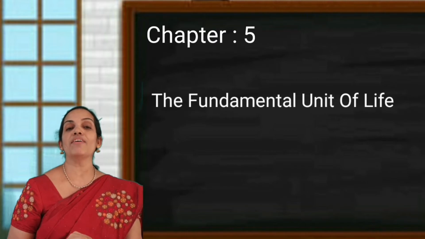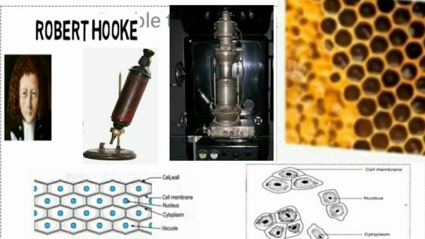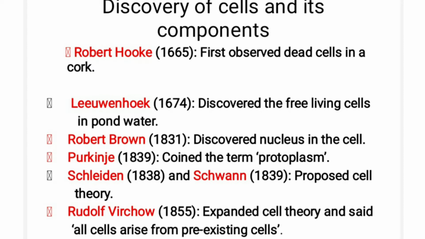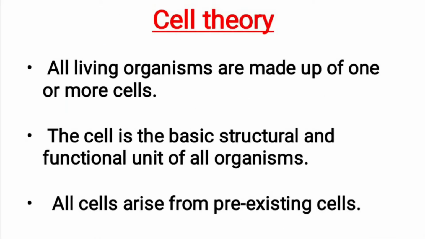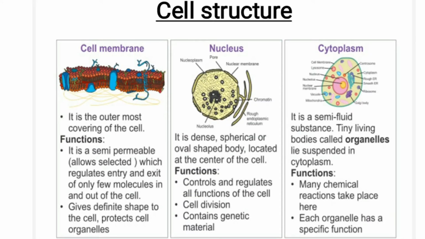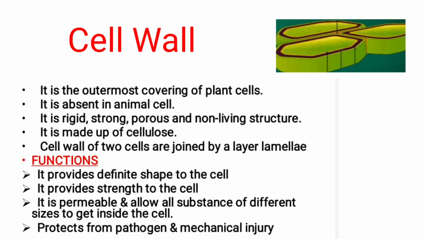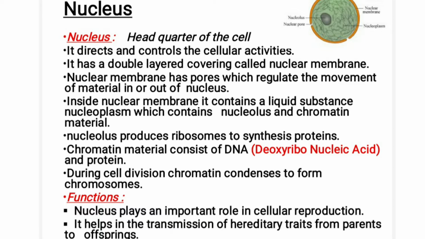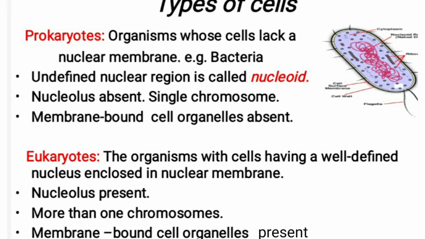In Part 1, we learned what a cell is, the discovery of cells and its components, cell theory, classification of cells based on size, shape and number, structural organization of a cell, cell membrane, cytoplasm, nucleus, and types of cells.